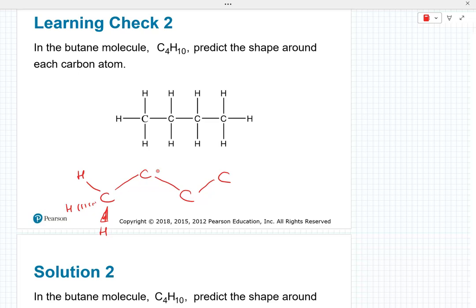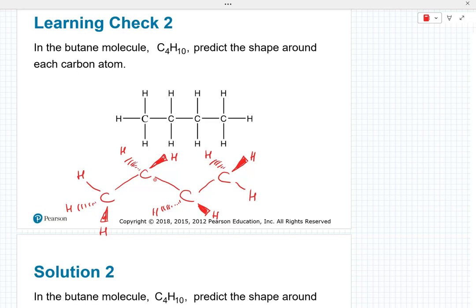At this carbon, we already have 2 bonds that are in the same plane, so 1 hydrogen has to stick towards you and another be behind the screen. Same is true for the 3rd carbon, so here's our wedge, here's our dash, okay? And finally for this one, we can put a hydrogen in the plane, and another here, and another here.